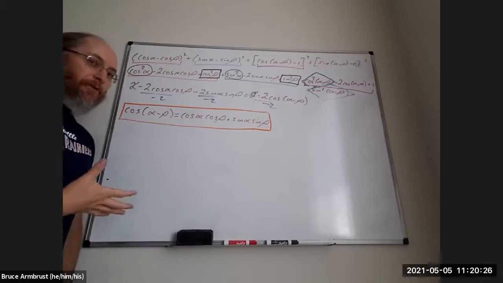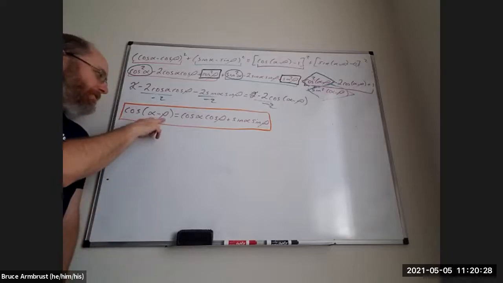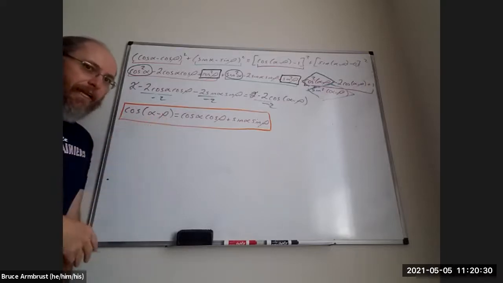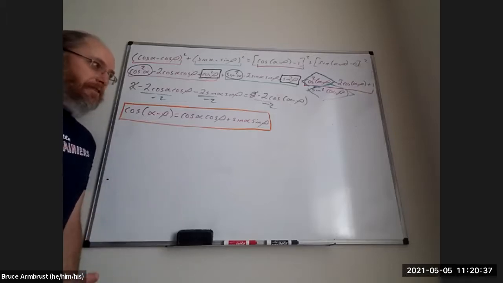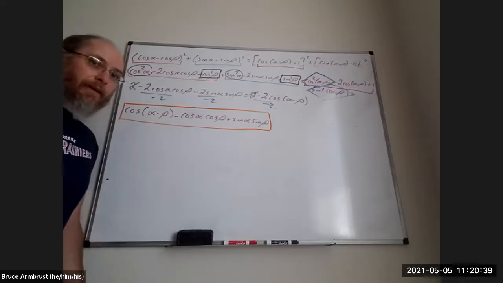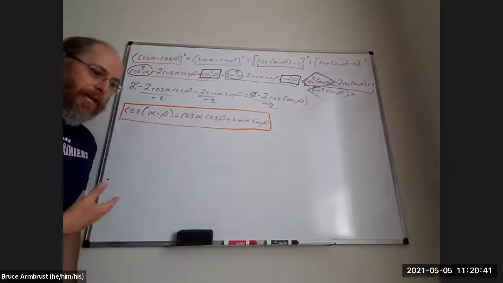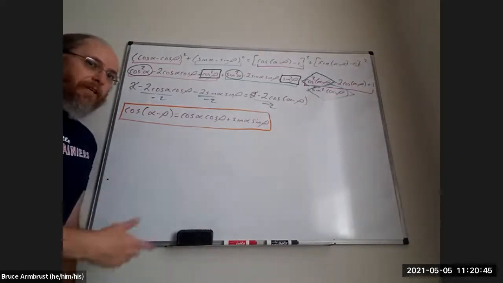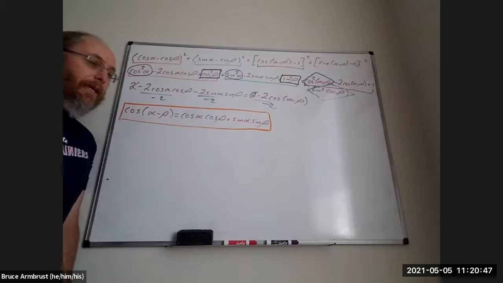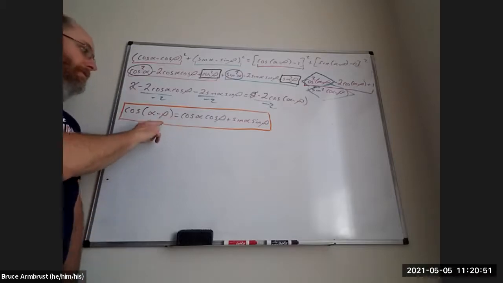And this might feel a little weird, because you might go, well, if we're just doing a difference of angles, why can't we just do cosine of alpha minus cosine of beta? And the answer to that is because it doesn't work that way. We can't distribute the trig functions over the addition and subtraction. They actually behave very differently. But there is a relationship.